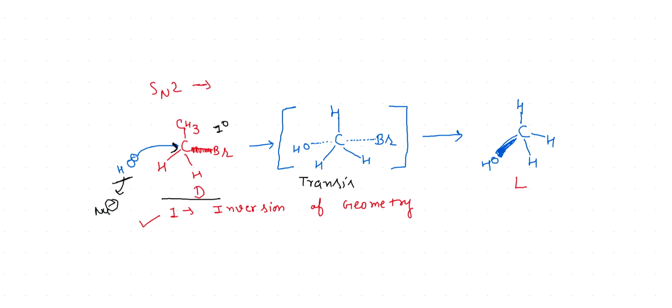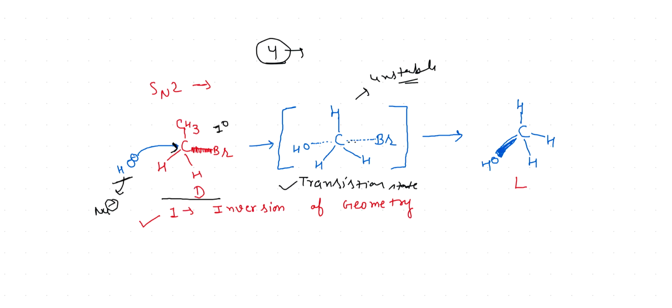In this, carbon is forming 5 bonds, which is not possible for carbon. Carbon can form a maximum of 4 bonds. So the species here is very unstable. That's why it is called the transition state. In this, OH negative is attacking from the back side. You can see here bonds are represented with dotted lines.